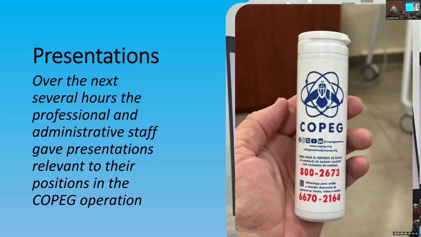Education, this is just a picture of the COPEG submission forms. I saw one floating around up here. Where is that from? Mexico. Okay.